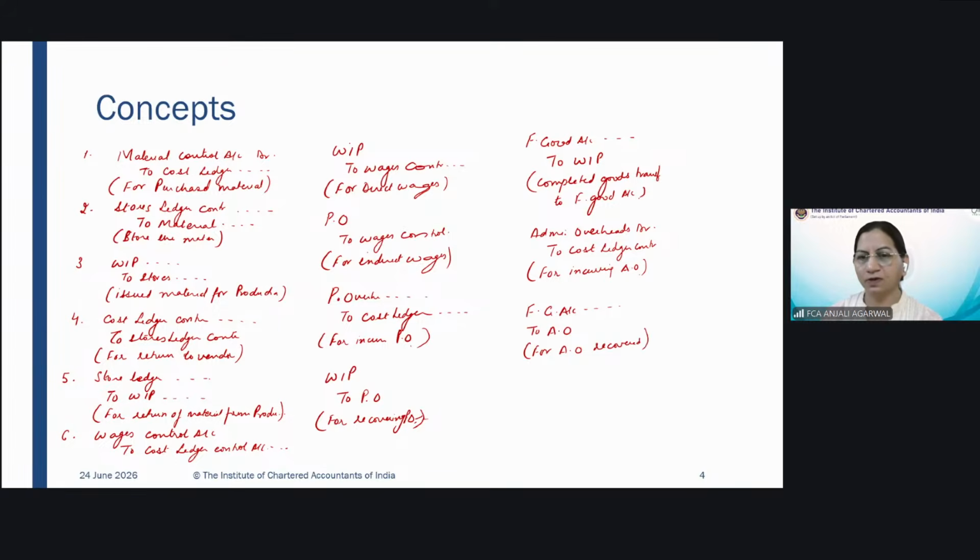So now this is the total cost of production of goods. Out of these finished goods, some of the goods will now move for sales.